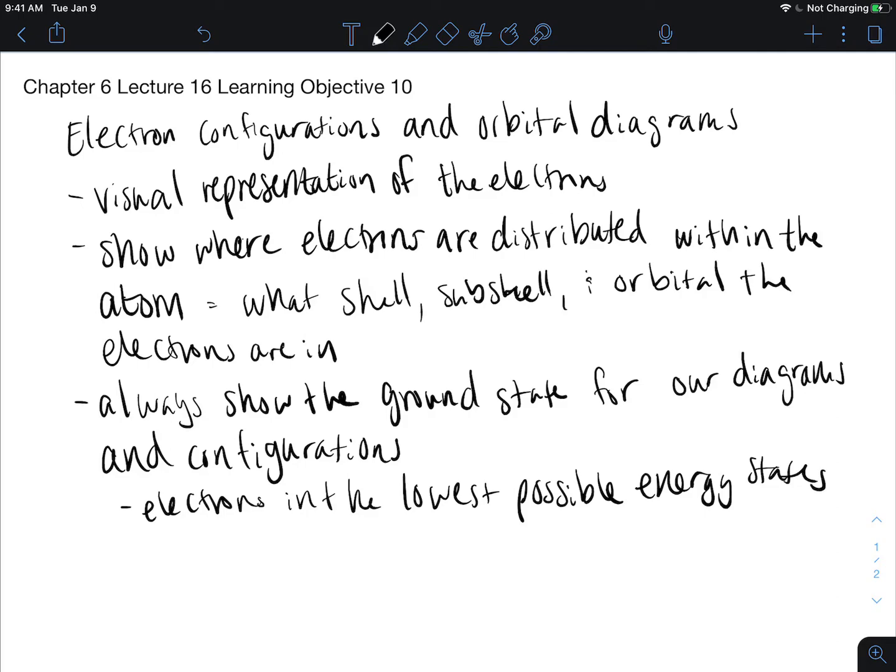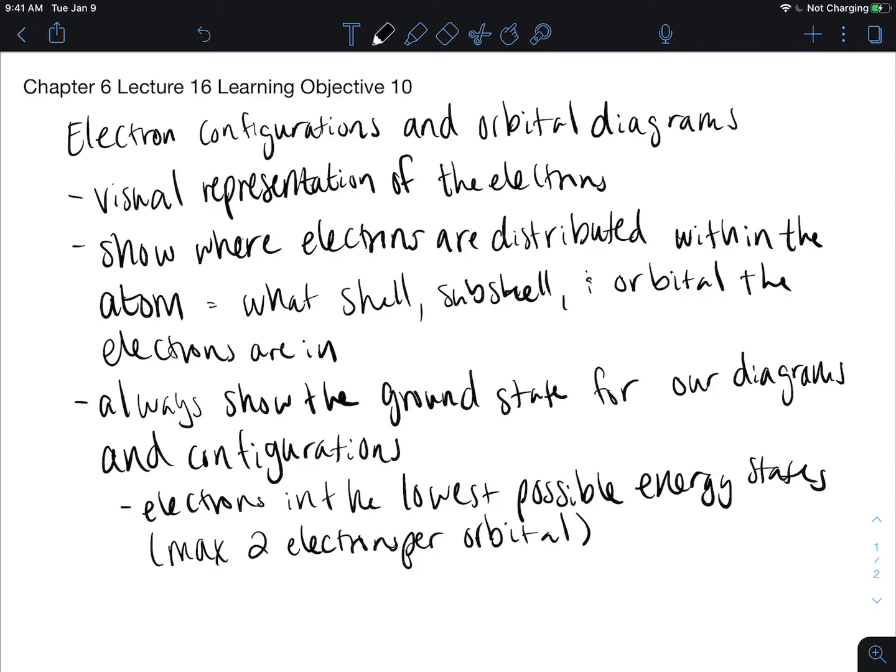Keeping in mind that we can only put 2 electrons in an orbital. So we can't just cram all the electrons into the 1s orbital. It won't work that way. So we want to put electrons in the lowest energy state, and then as we get more electrons, we put them in higher energy states, making sure that the lowest energy states are filled before we go up to higher energy states.